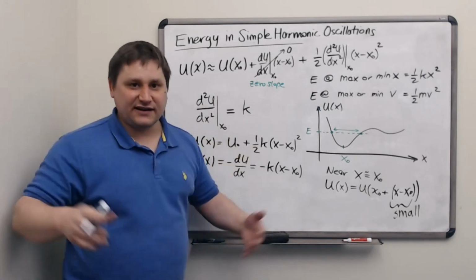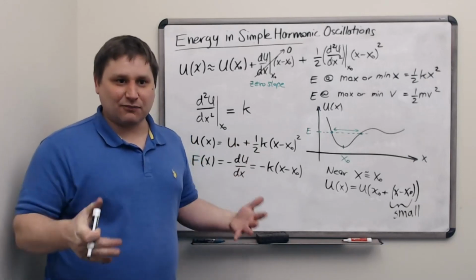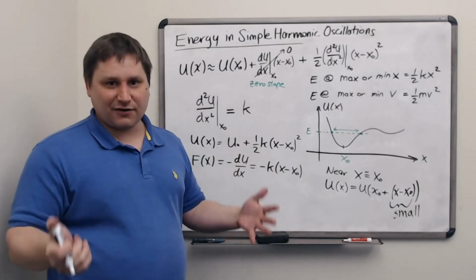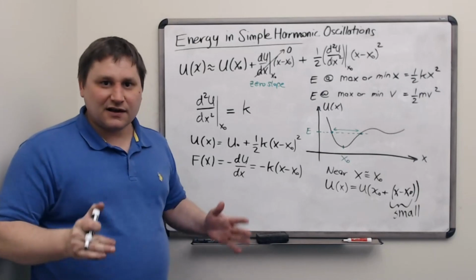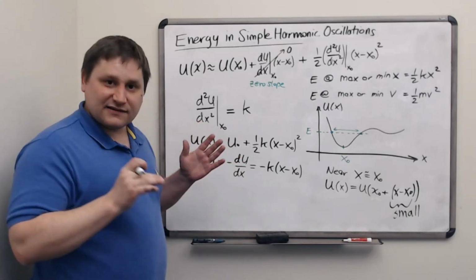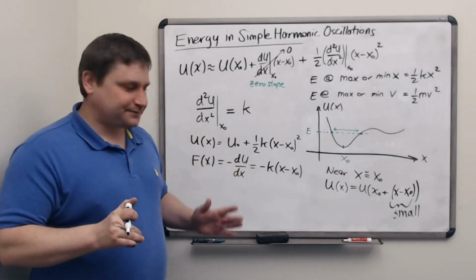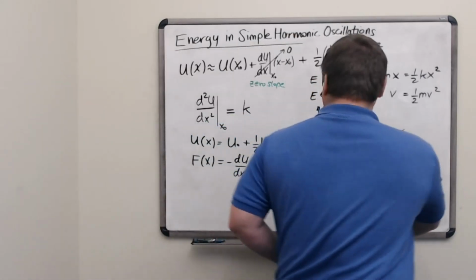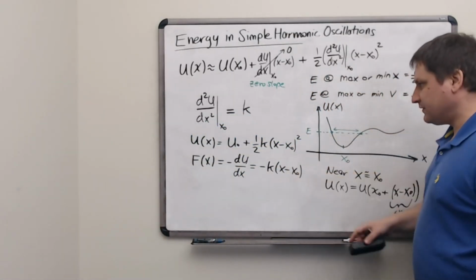So this allows us to take all sorts of physical problems, swaying skyscrapers, vibrating tuning forks, and just interpret them as masses on springs. So this is the story for potential energy.